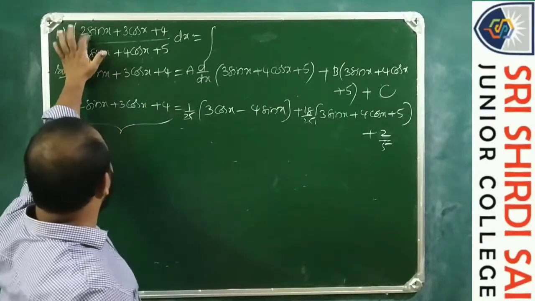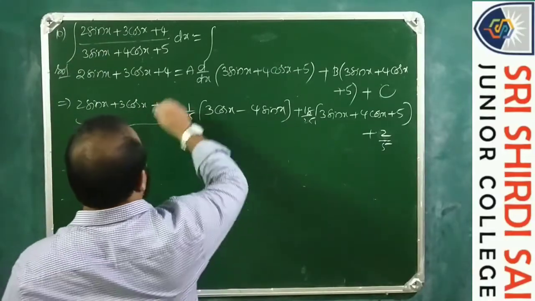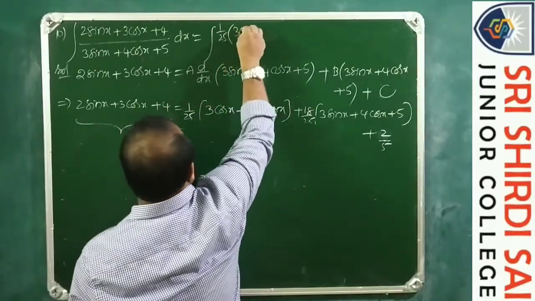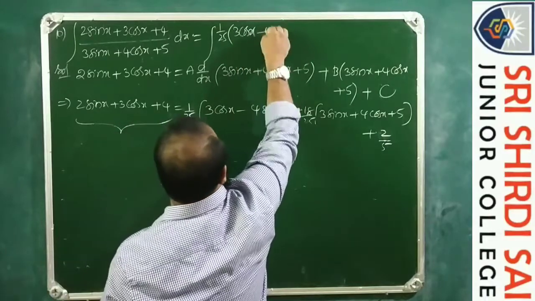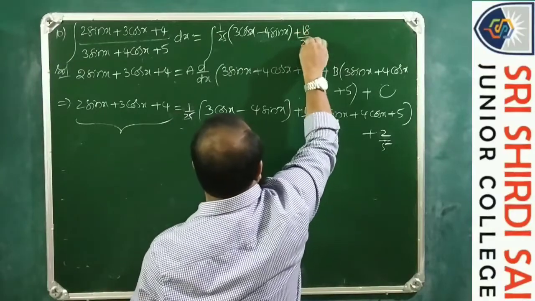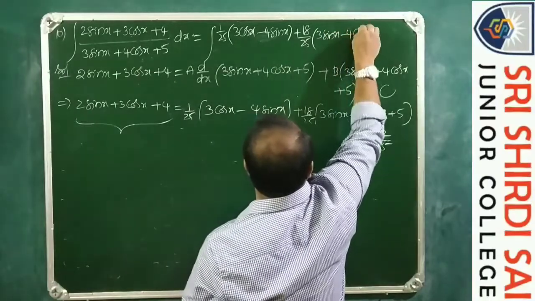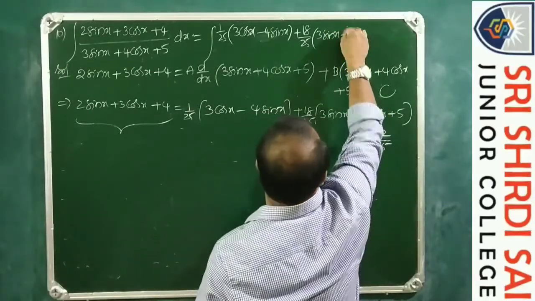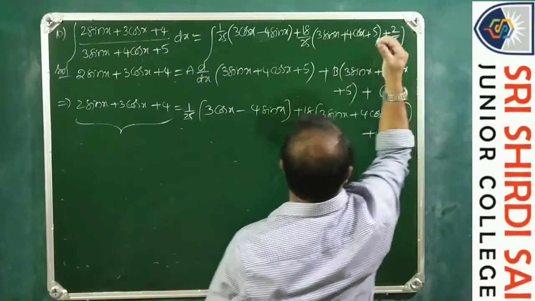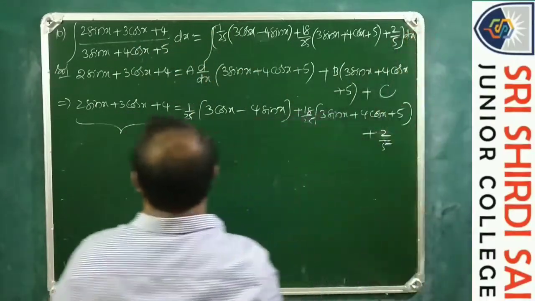So in the place of this, let us write this entire expression: 1 by 25 into 3 cos x minus 4 sin x, plus 18 by 25 into 3 sin x plus 4 cos x plus 5, plus 2 by 5. This dx is this, by the denominator, which is the same.